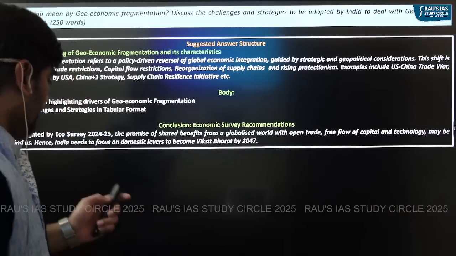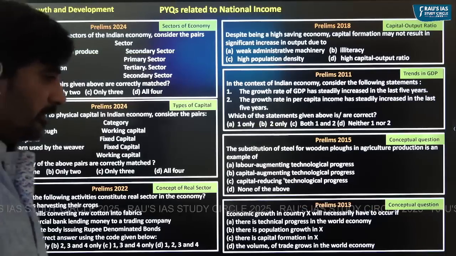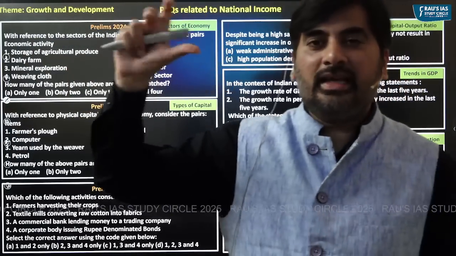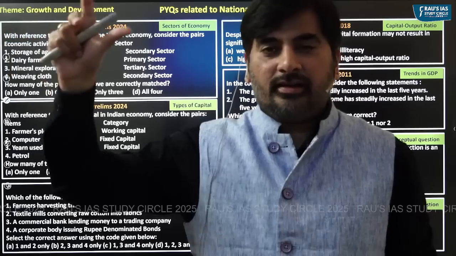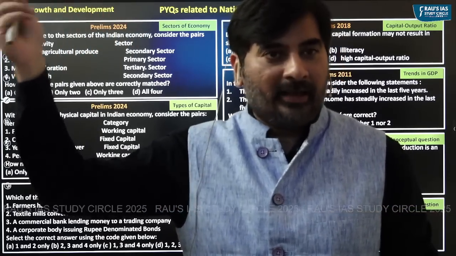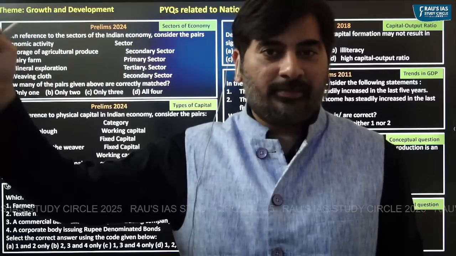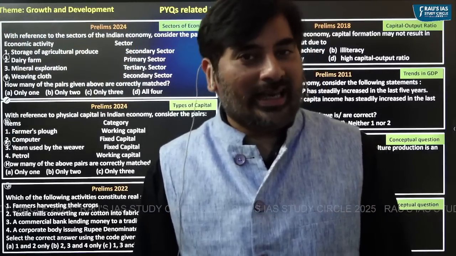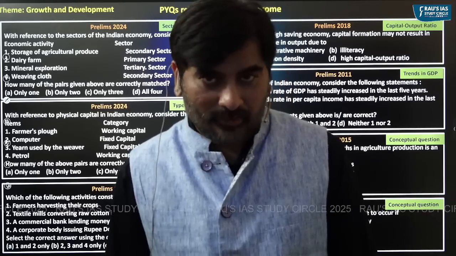Now let's get into the next part of the discussion, which is with respect to the trends in India's GDP, trends in GDP growth rate, trends in terms of consumption expenditure, investment rate, which are generally important as far as your prelims exam is concerned.